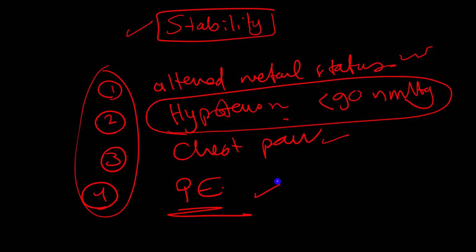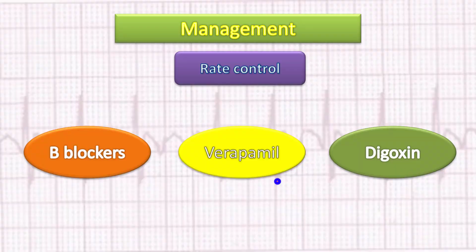So if the patient is stable, we can use beta blocker and calcium channel blockers like verapamil, okay, because these drugs actually are negative inotropes and vasodilators. So these drugs will decrease the arterial blood pressure. So I can't give these drugs in a hypertensive patient.